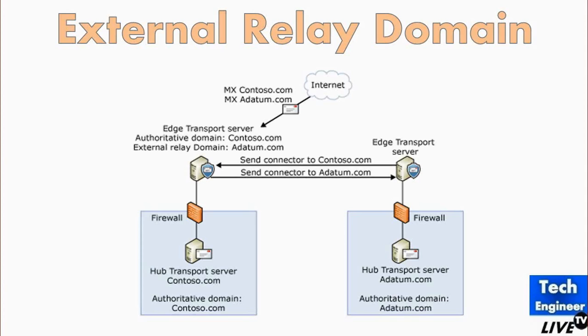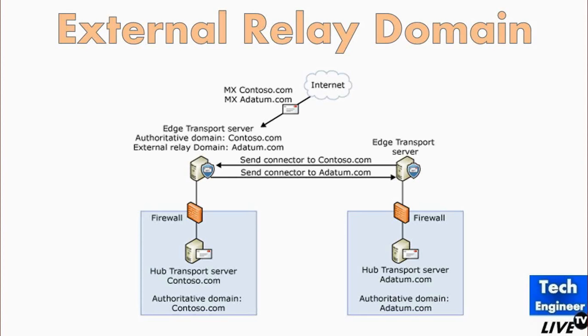Through the Edge Transport server itself, the mail will be forwarded to the Edge Transport server of Adatum.com. It means that the SMTP connector of Contoso.com and the SMTP connector of Adatum.com have been created on the Edge Transport server itself, rather than on the Hub Transport server.